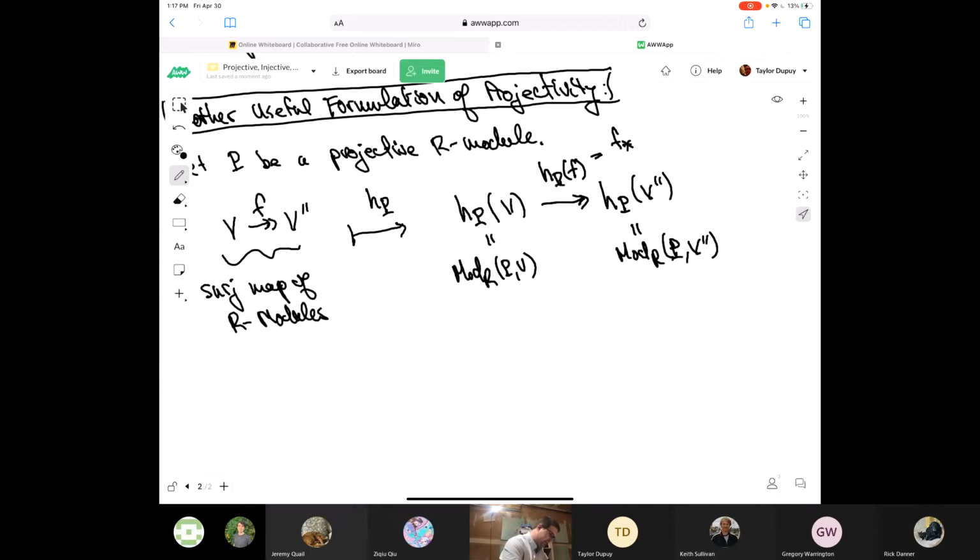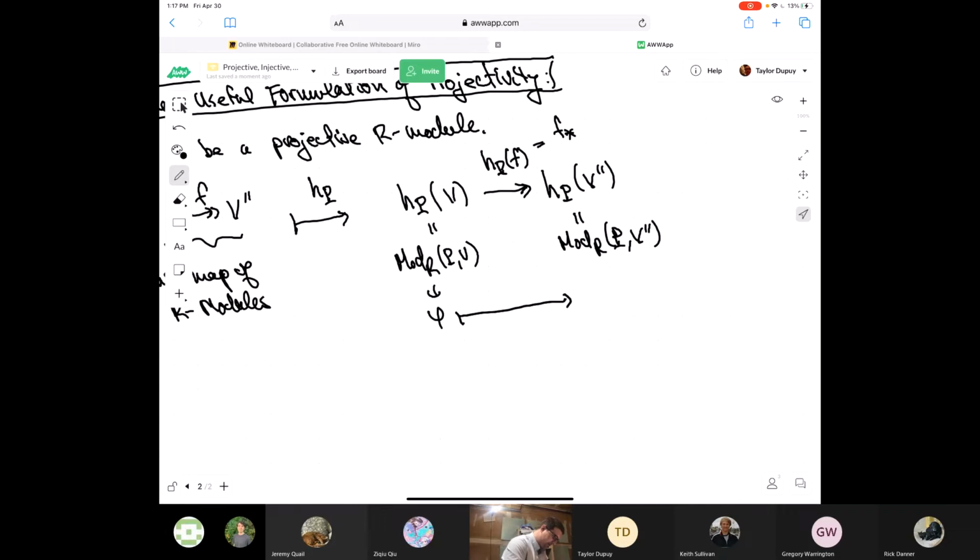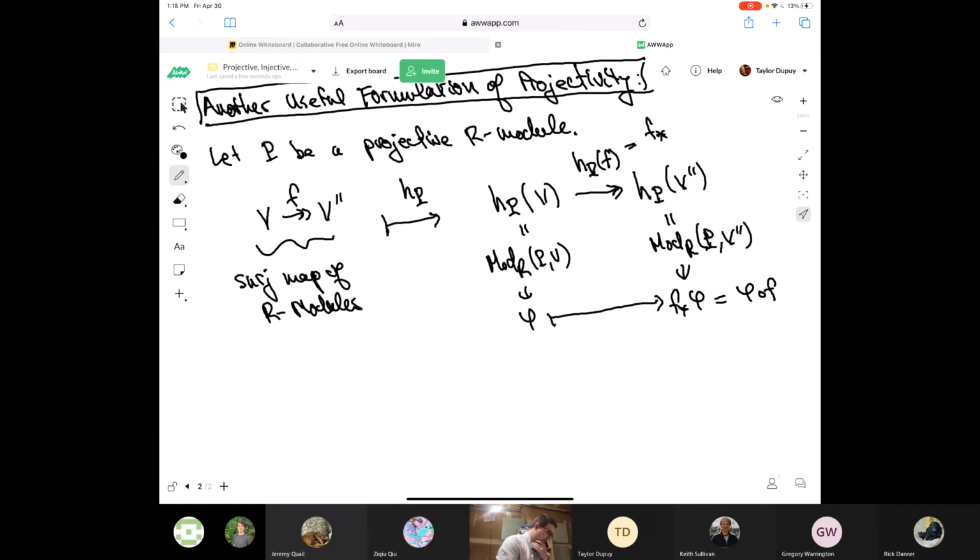What it does is it takes a morphism phi and maps it to the morphism where you just compose the two. So this is F star of phi. When F is a surjection, this is a surjection. So if F is surjective, then F lower star is surjective.